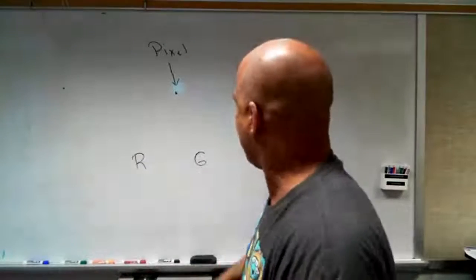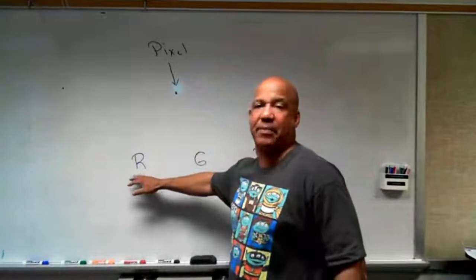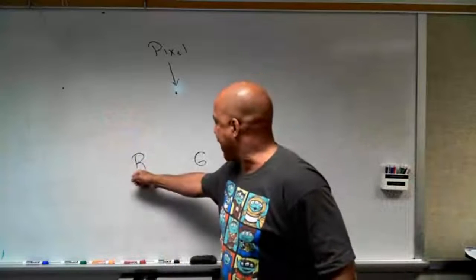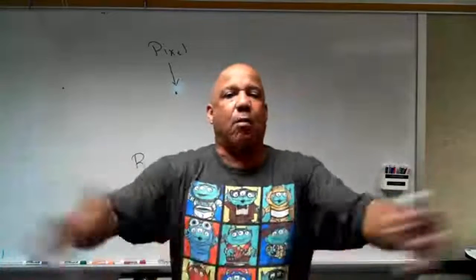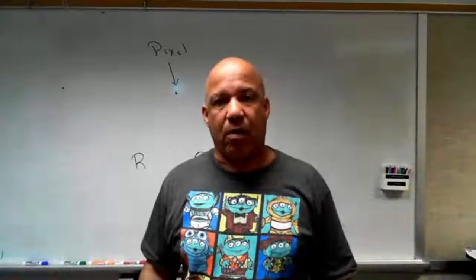You can take two colors and make a third. And people in the art world know what color it'll make. I don't remember that stuff. But I do know that you can do the same thing with these digital primary colors. You can take red, green, and blue, and depending on the brightness of each, when you mix them together, you can get almost any color you want in the rainbow.